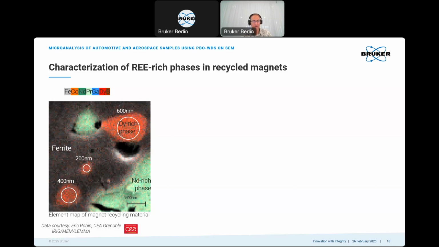So there are the red phases, 2 reddish phases, and the greenish phases. As you can see, the inclusions are very small, less than a micrometer, a few hundred nanometers only. And the challenge here is discrete analysis of these phases.